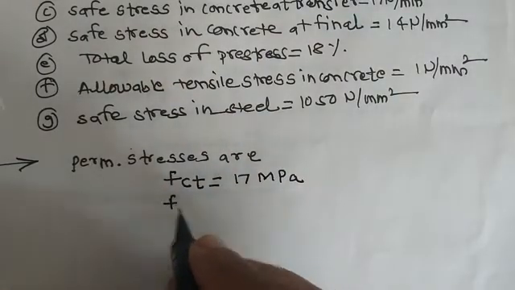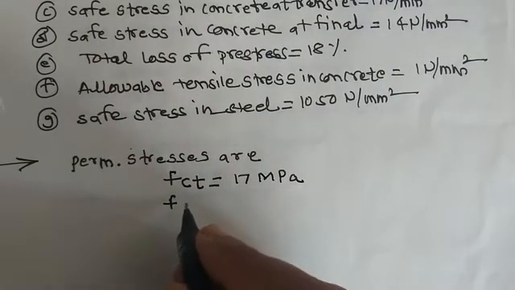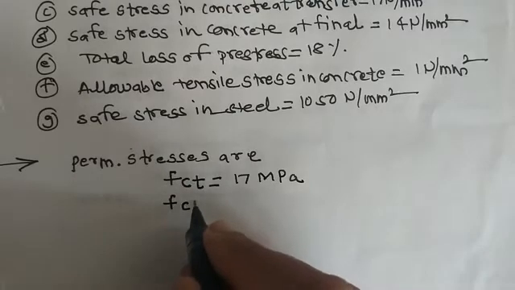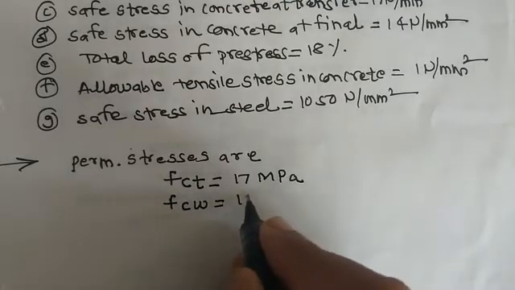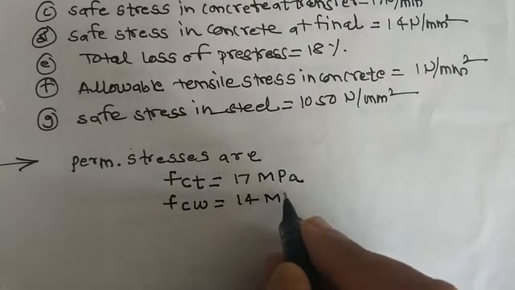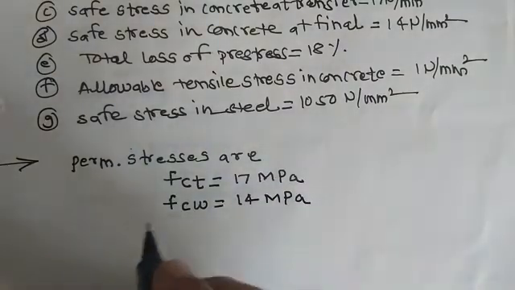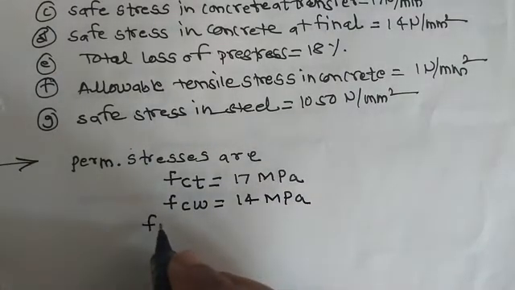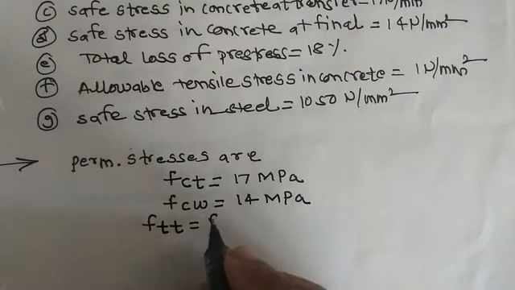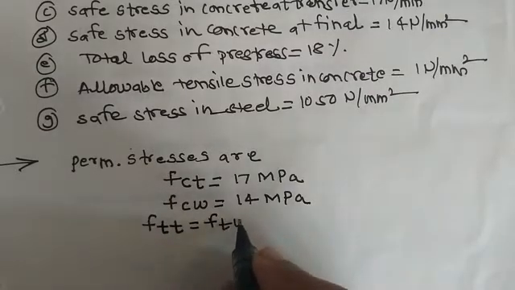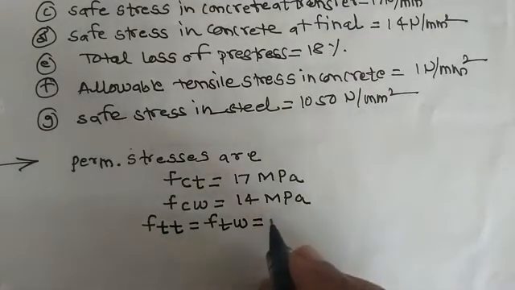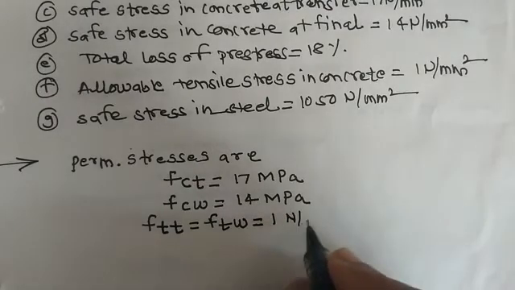Safe stress in compression under working load condition is 14 megapascal. Safe stress of tensile nature in transfer loading condition and in working load condition is the same, it is 1 Newton per mm square.